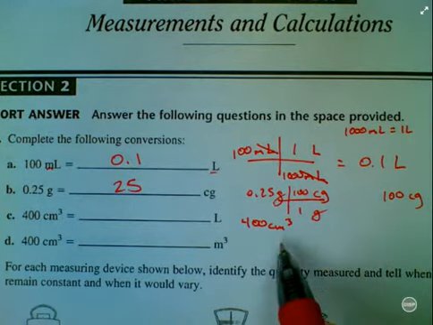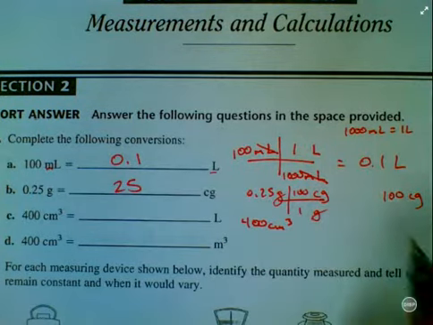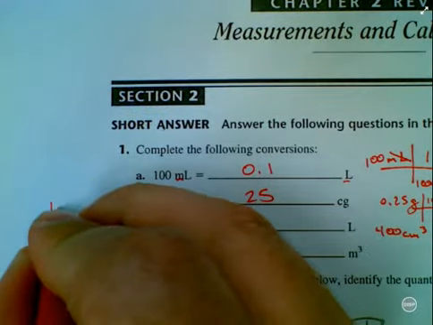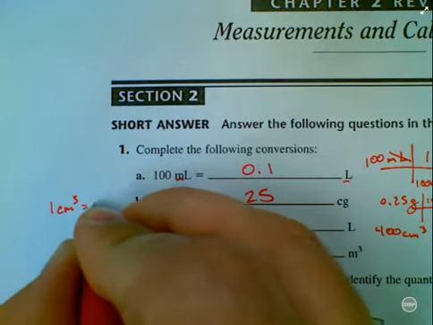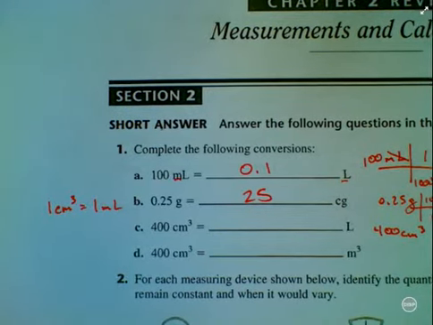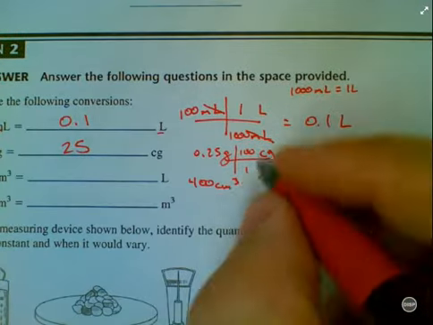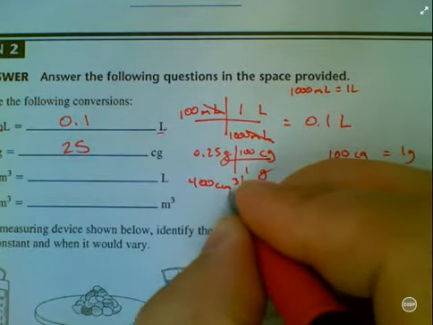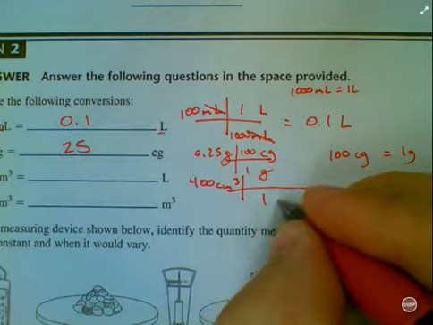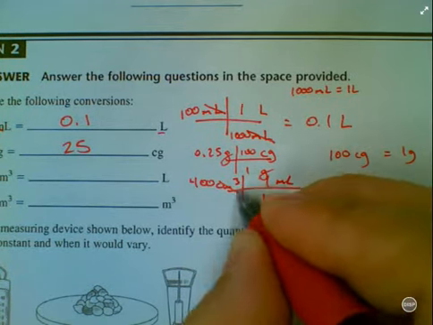But how do I get from this base unit of meter into a base unit of liter? Well, remember that 1 cubic centimeter is equal to 1 milliliter. That's a statement of equality that I stressed during the video lecture, and this is why it is so important. So I can actually create a conversion factor in which I convert away from cubic centimeters and into milliliters.